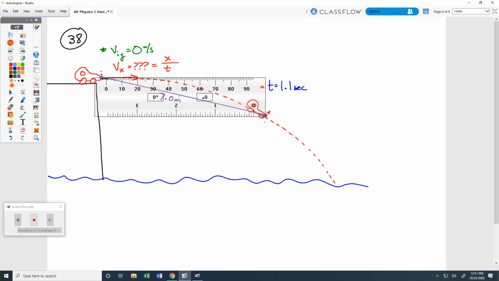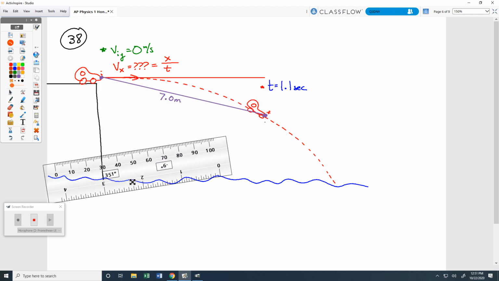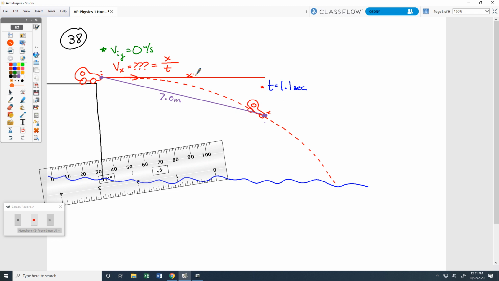If we could, it would travel horizontally all the way to there. Actually, it's going to go a little farther than that, so it'll go all the way to here. That is its horizontal displacement. That's x. We don't know what that is.